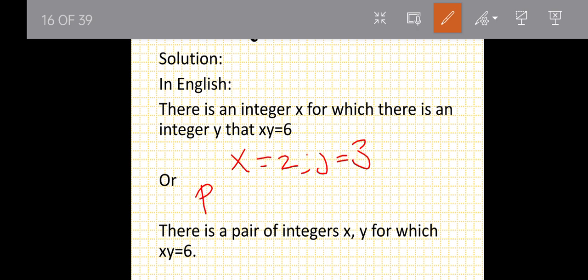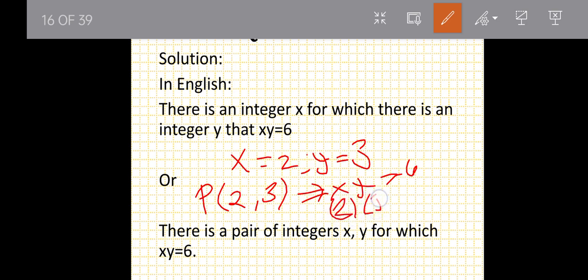And substituting that to our given function, so we have P(2, 3), and our given P(x, y) is x times y is equal to 6. And our x here is 2, and our y is 3. Is it equal to 6? Siyempre, no? 2 times 3 is equal to 6. And 6 is equal to 6. And this is true.